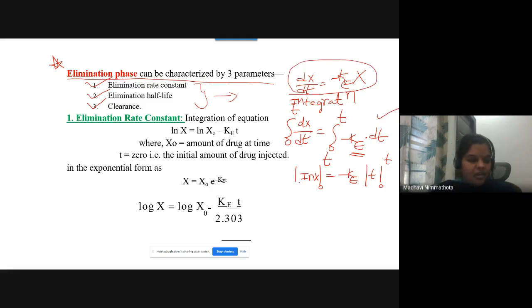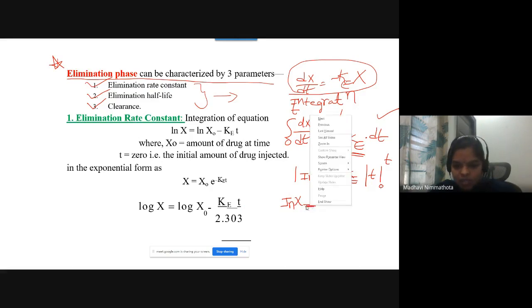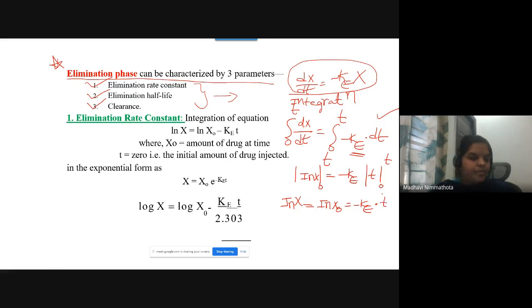After that, the equation becomes ln x from 0 to t equals minus ke t from 0 to t. Then you will get ln x minus ln x naught is equal to minus ke into t, with t minus 0 here.